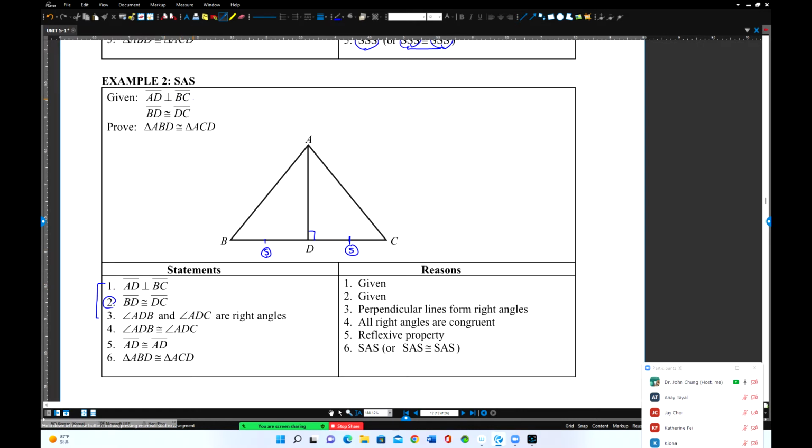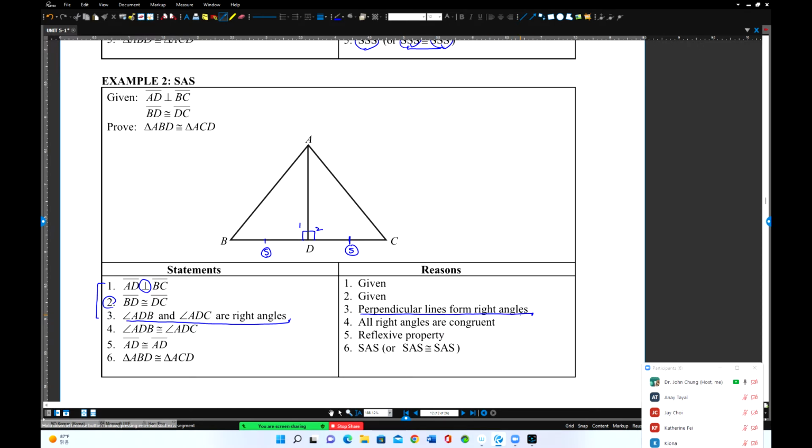So from this perpendicular, when you have a perpendicular line, we always have to say what? The next step: these two angles are right angles. So angle ADB and angle ADC are congruent. But before that, we have to say these two angles are right angles, because perpendicular lines form right angles.